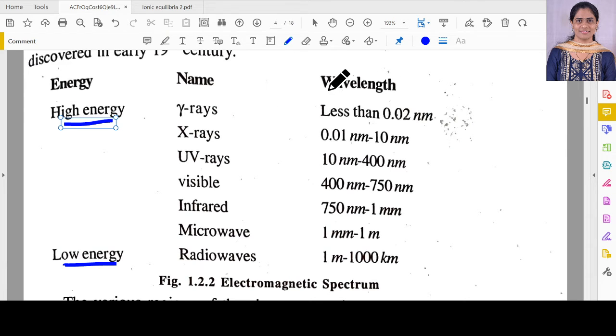Wavelength is lower because energy is inversely proportional. On the side with higher energy, you can see their wavelengths are very small. They are in nanometers, 10 raised to minus 9 meters, whereas for IR it starts with millimeters. Then microwaves range in meters. Radio waves range in kilometers.